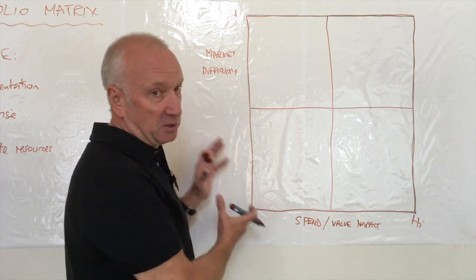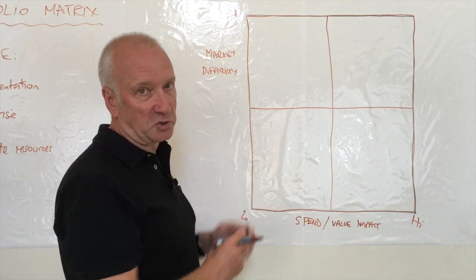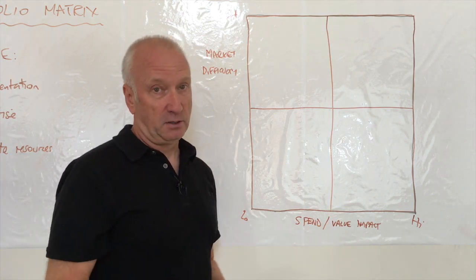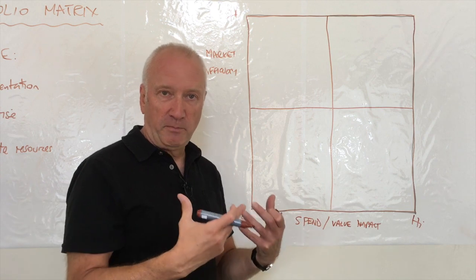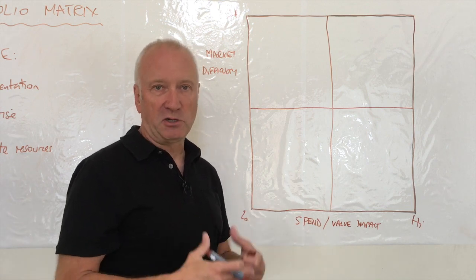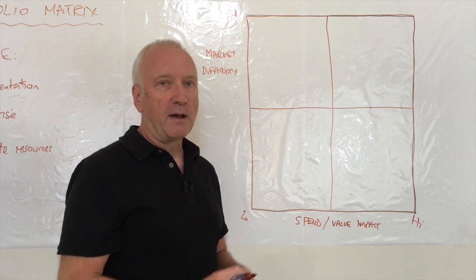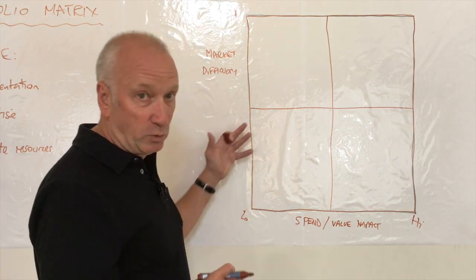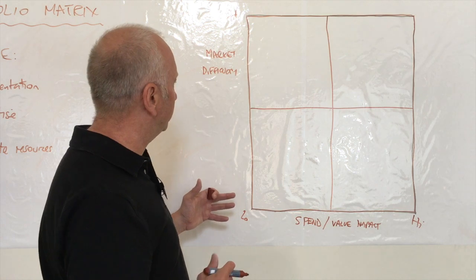Now, an easy market in which to source from is one where there are many competitors. You're basically buying a generic series of products or services that many suppliers can meet your needs. And you would place these somewhere down the lower side of this axis.